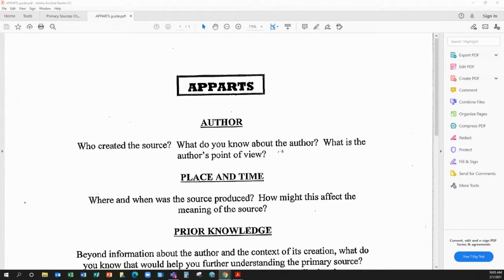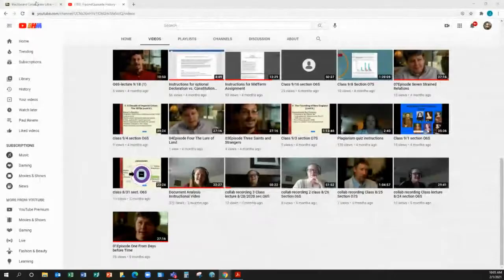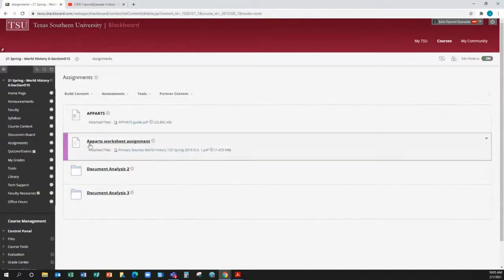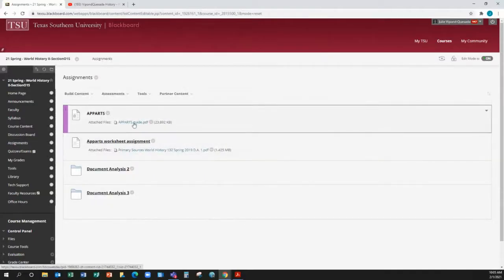If you go to your Blackboard under assignments, you will see the guide, which you just saw, but we'll go over it again. This is the link where you turn it in.